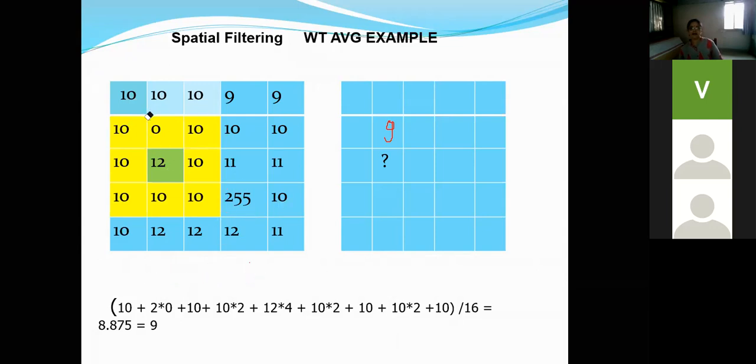So for the given image, this 0 is replaced by 9. Now try to determine new values of the remaining pixels. Shift the mask to the next pixel position, then the next.